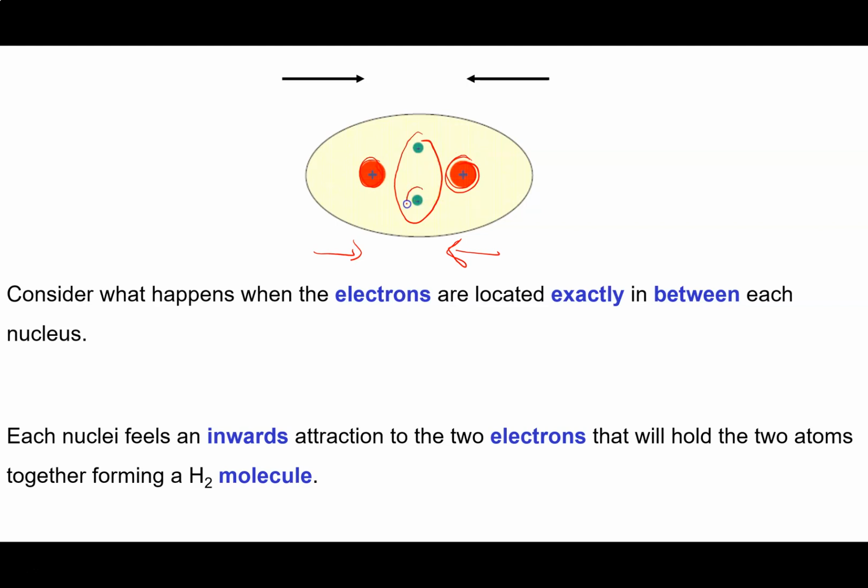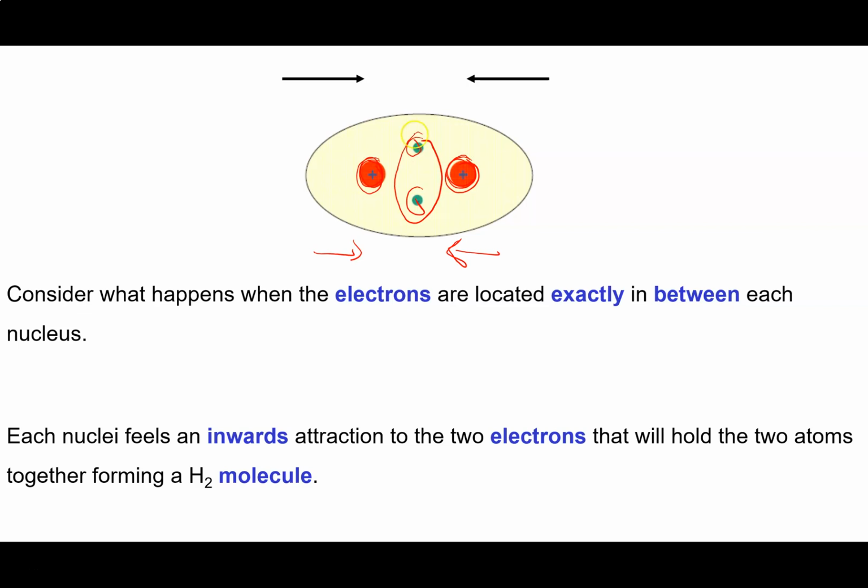And there's also a repulsion between these two electrons, but again, it's a fairly large distance, and it's just a -1 with a -1. So the overall effect when these two atoms organize their particles like this is that the nuclei are attracted inwards towards those two shared electrons.